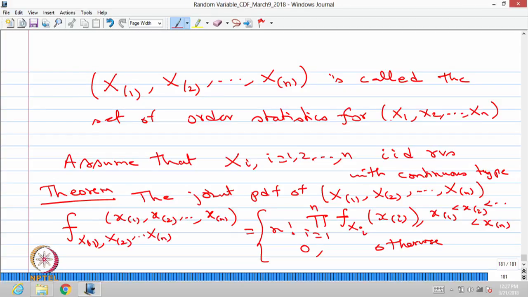One can find the joint probability density function of order statistics in terms of the joint probability density function of X1, X2, ..., Xn.